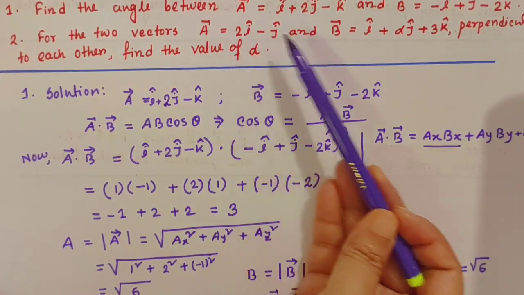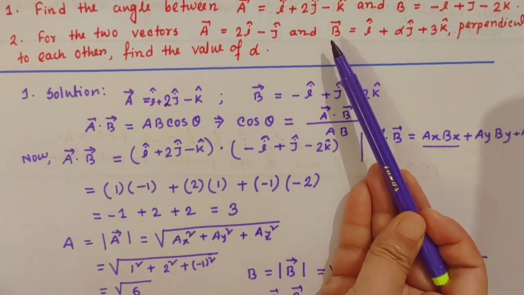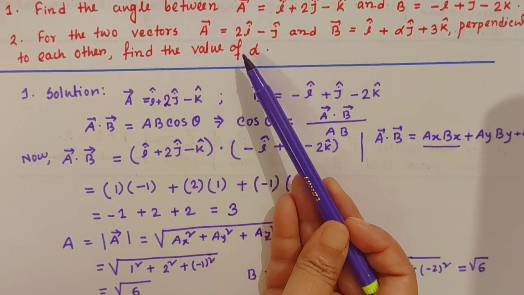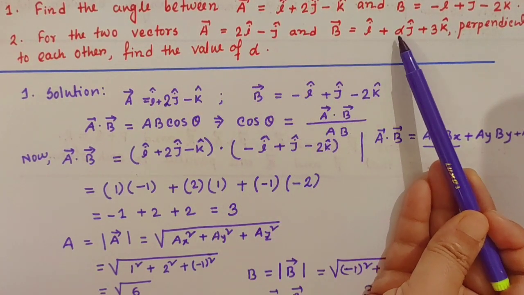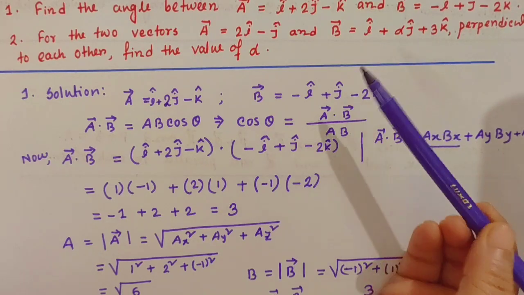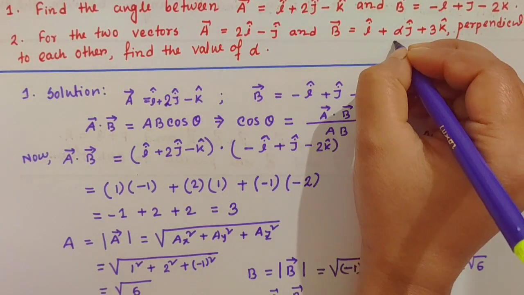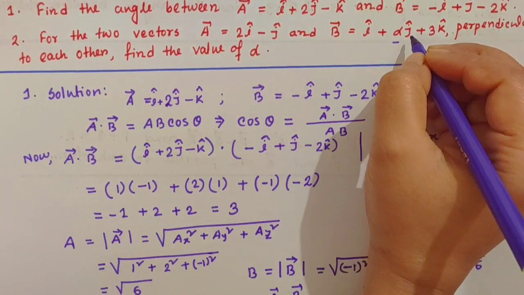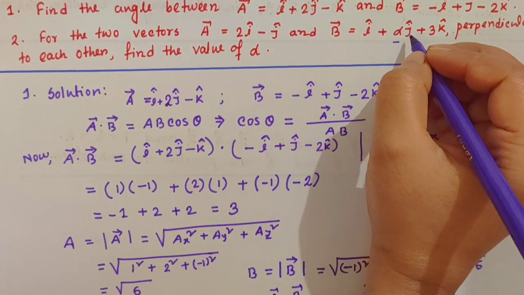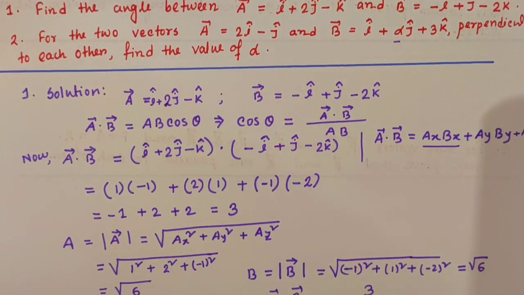So vector A and vector B are perpendicular to each other. Find the value of alpha. So B is equal to alpha j cap. So we have to find out the value of this alpha, the coefficient of this j cap unit vector along y axis. So let's find out the value of alpha.